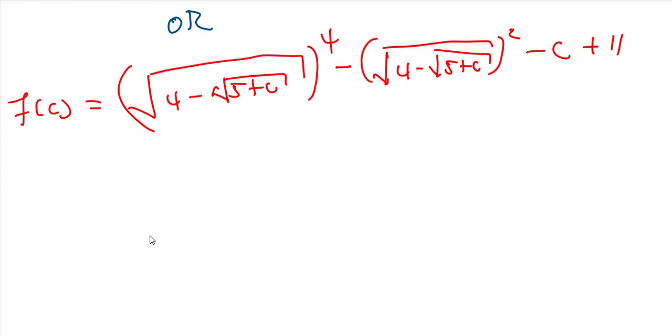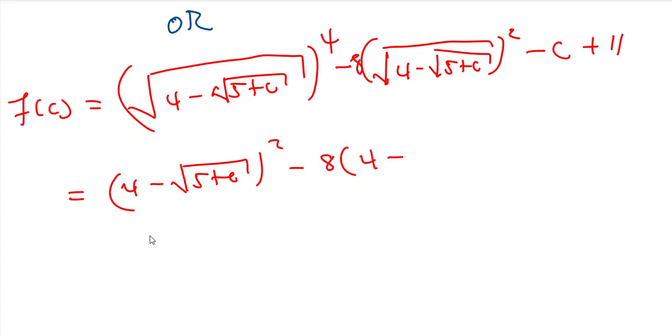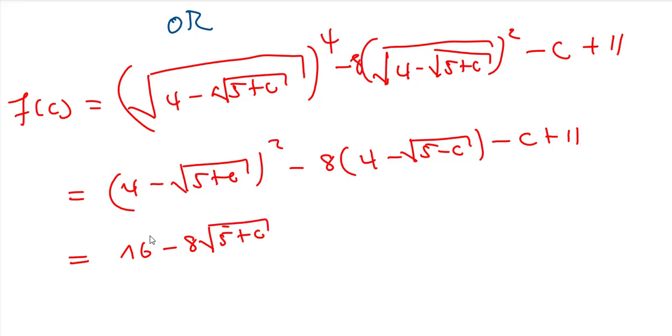So let's verify 0. Now this gives us 4 minus the square root of 5 plus c, all of this squared, minus 8 into 4 minus the square root of 5 minus c, then minus c plus 11. So this means we have 16 minus 8 root 5 plus c. This will be minus 32 plus 8 root 5 minus c plus 11.